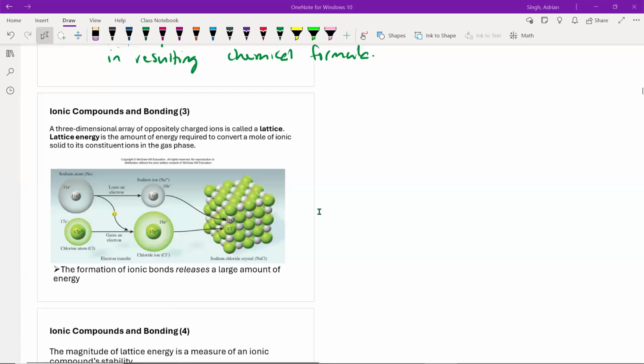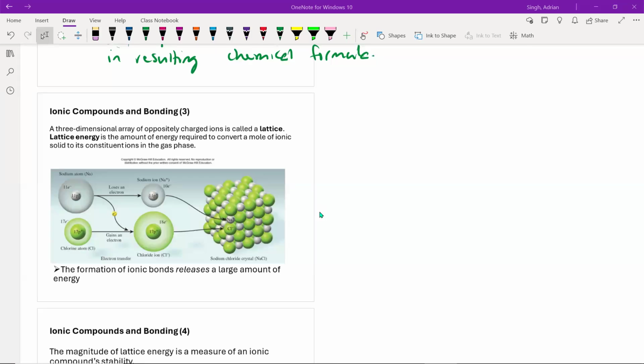So when you have these oppositely charged species, these ions, how do they actually arrange around each other? Well, you may predict that they're going to arrange themselves such that the positive ions are surrounded by negative ions, again, because opposite charges attract each other, and you would be absolutely right.